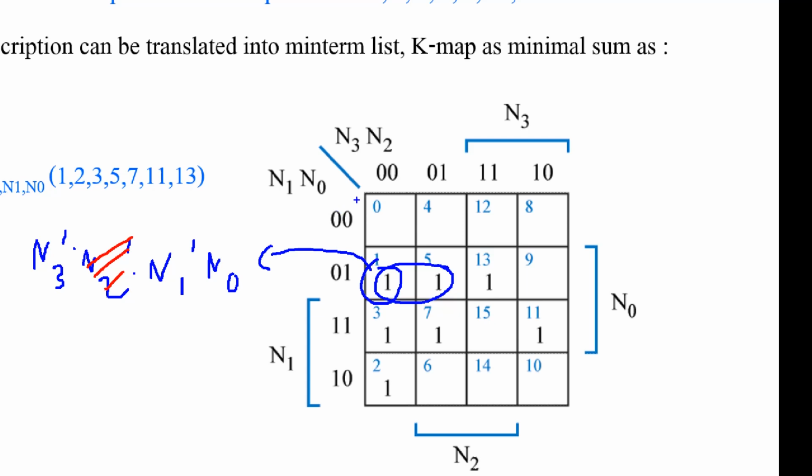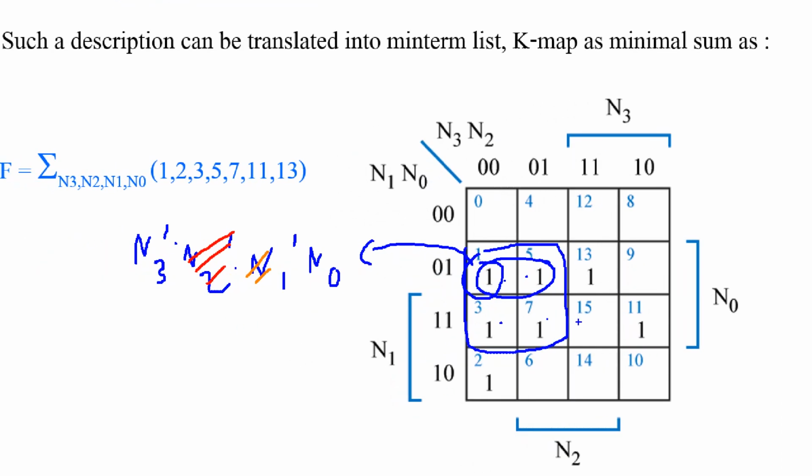If I remove again N1, it's bigger and covers these 4 cells, right? And these 4 cells also can make the function f become 1. Can I remove n0 or n3? If I remove n0, what happened?